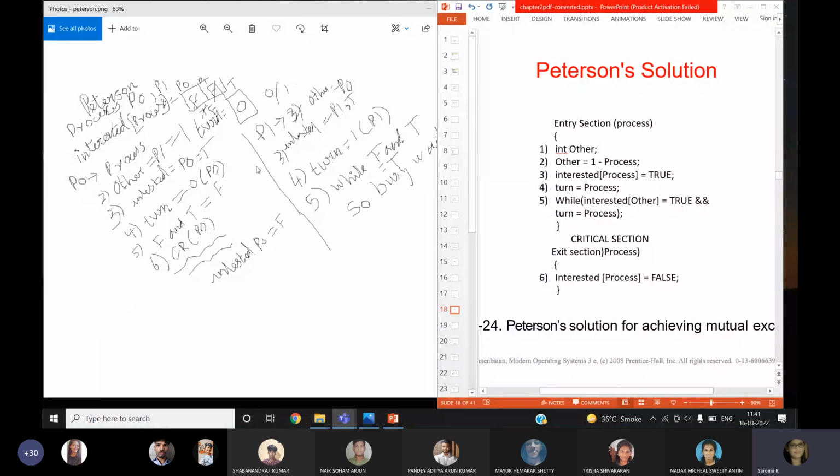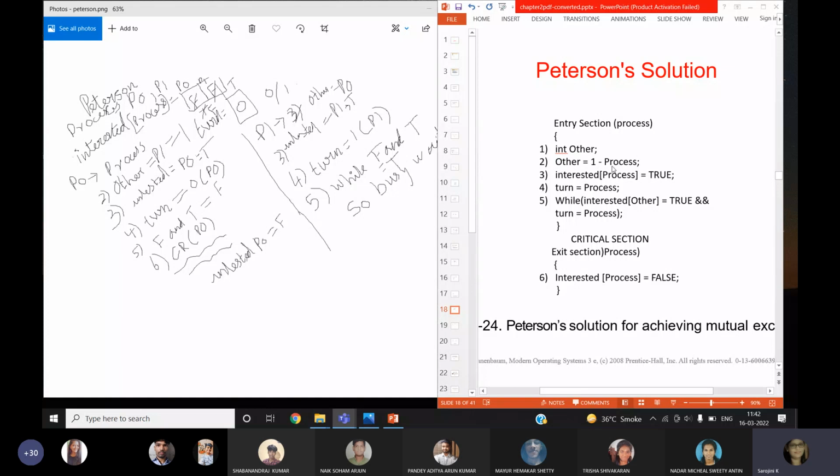Then interested process equals interested of 0; that 0 denotes process 0. So other equals 1 minus process. What is process currently? Currently process is 0, isn't it? How come 0? We assumed that initially process P0 started to execute. So process is an integer, that is 0. So 1 minus 0 equals what? 1. So automatically other equals 1.